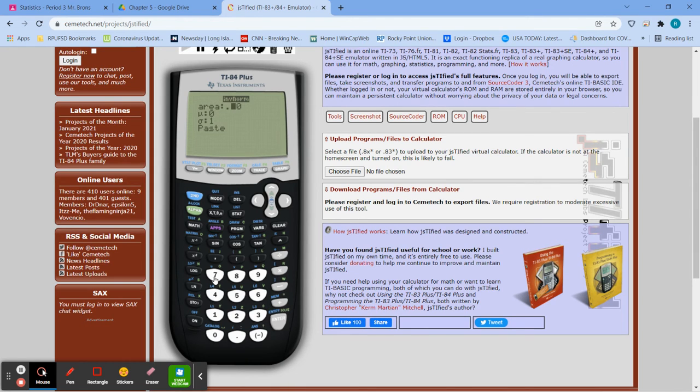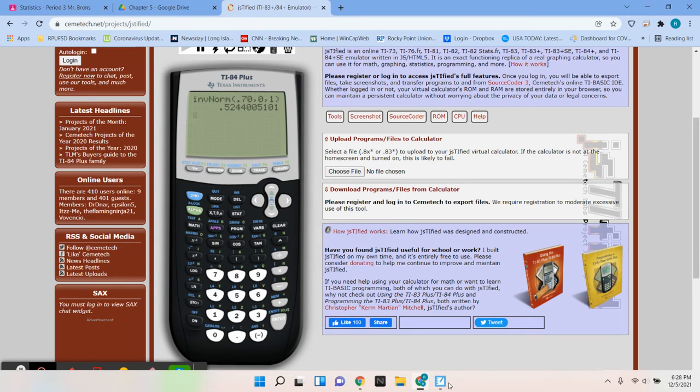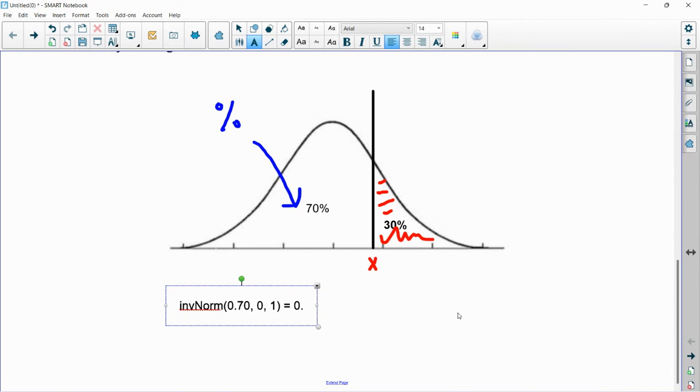Instead of 0.40, putting 0.70. It's going to go down to paste, enter, enter again. And in this case, we're going to get 0.52. That equals 0.52. That's our answer. That is our cut z-score.